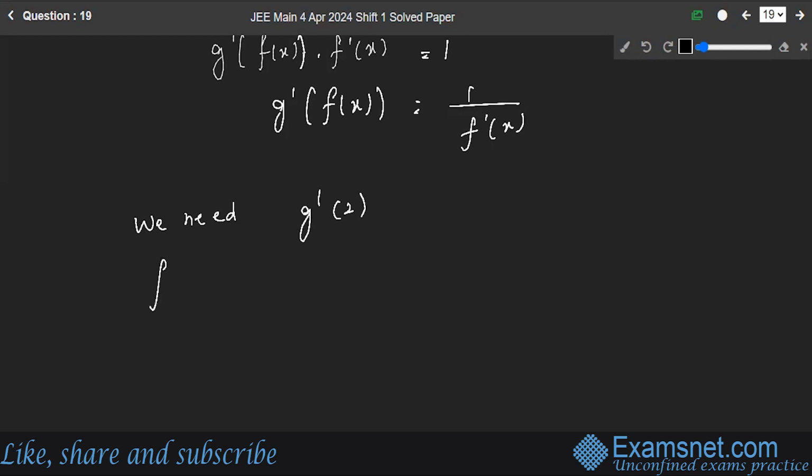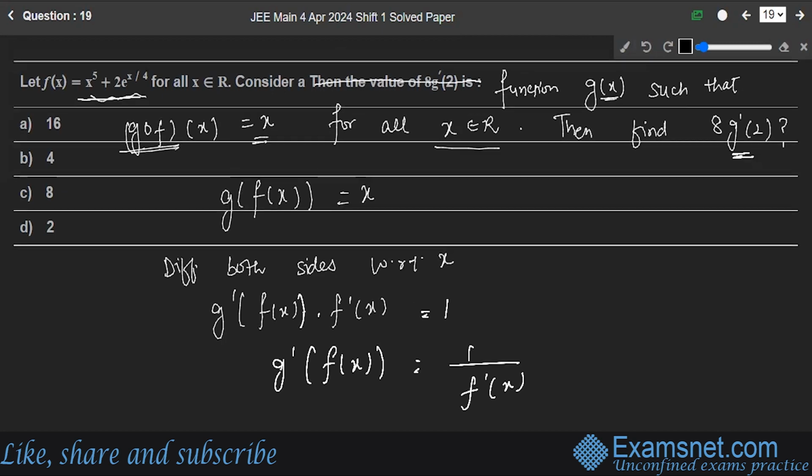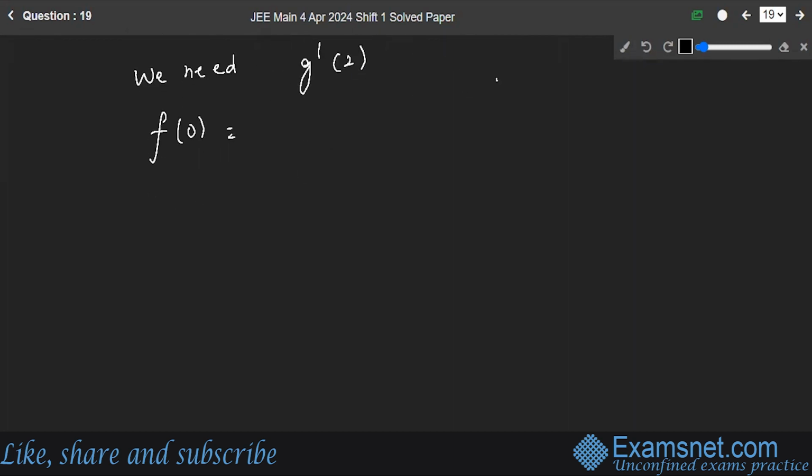We need g dash 2. So f of 0, what was f? This is fx is equal to this. Let's write it down. Fx is x power 5 plus 2 e raised to power x by 4.